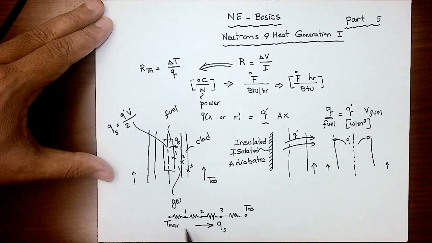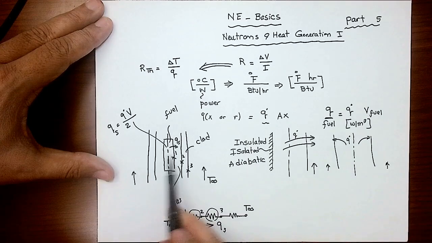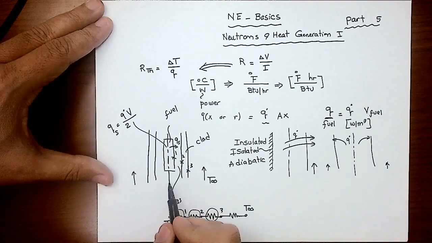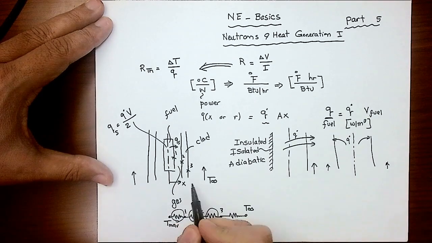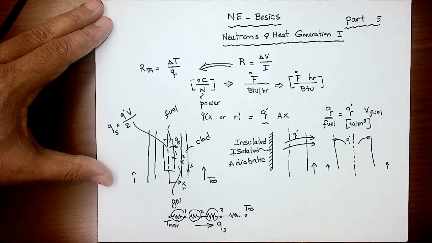Then I can calculate the fuel resistance, the gas gap resistance, and the clad resistance based on the shape, cylindrical shape, right? Or plate type shape, depending on the conditions of the problem. So if this is X, that's plate type. If this is R, we took a cylinder. Then you do the analysis and calculate the interface temperatures and the Q and so on.